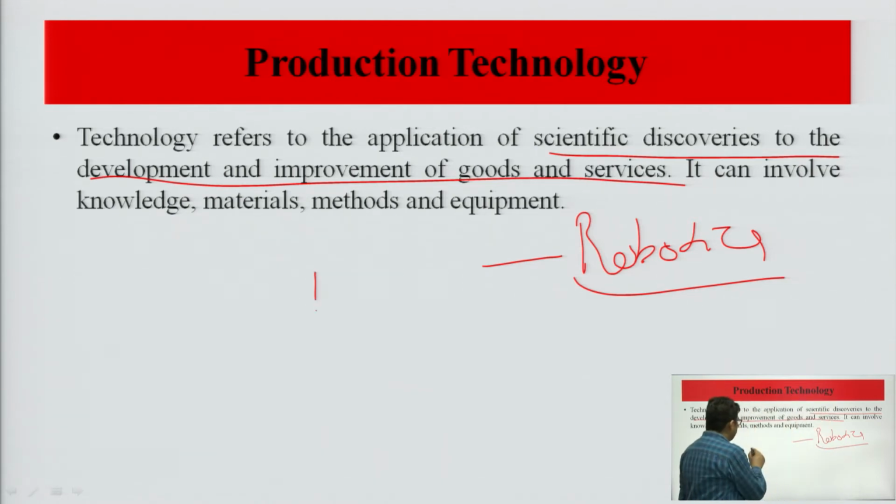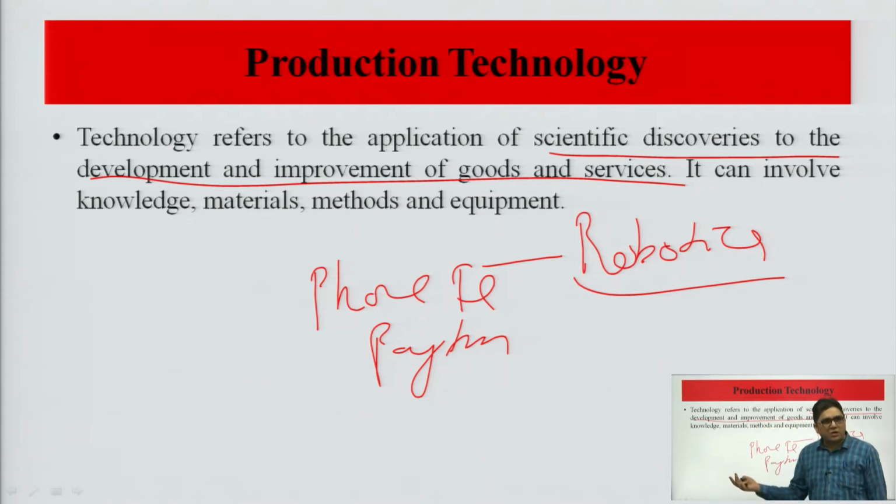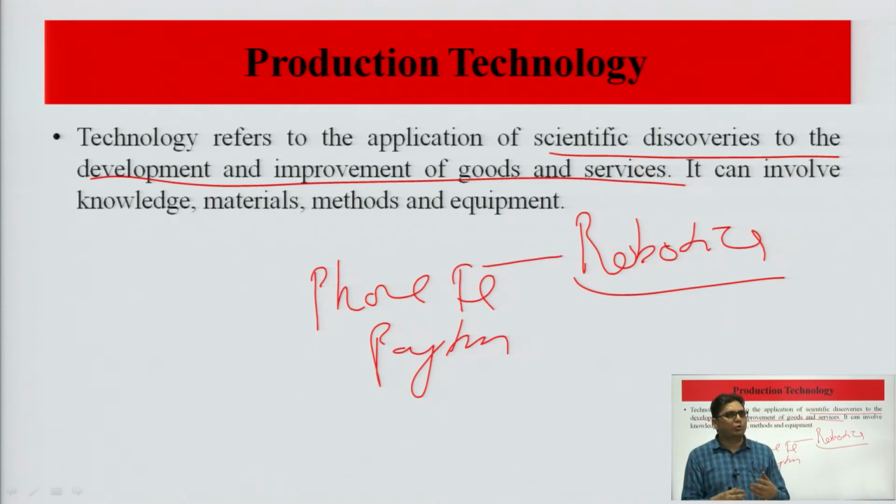Whether it is PhonePe, Paytm or any other fintech organization, they are using advanced technologies to give the best services to their clients. Similarly in the retail industry, with the help of certain technology, they track how many people come and go, and measure the footfall within their retail outlet.